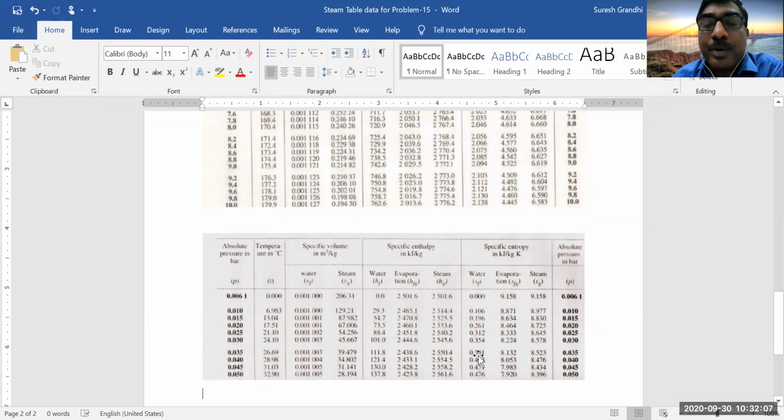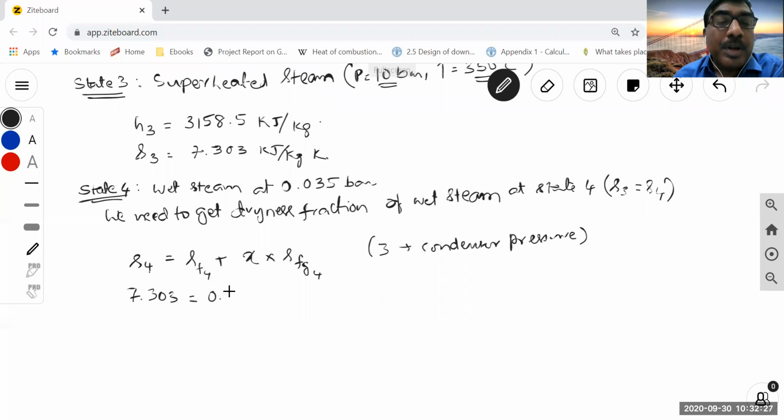SF is equal to 0.391 and SFG is equal to 8.132. So 7.303 equals 0.391 plus X into 8.132.